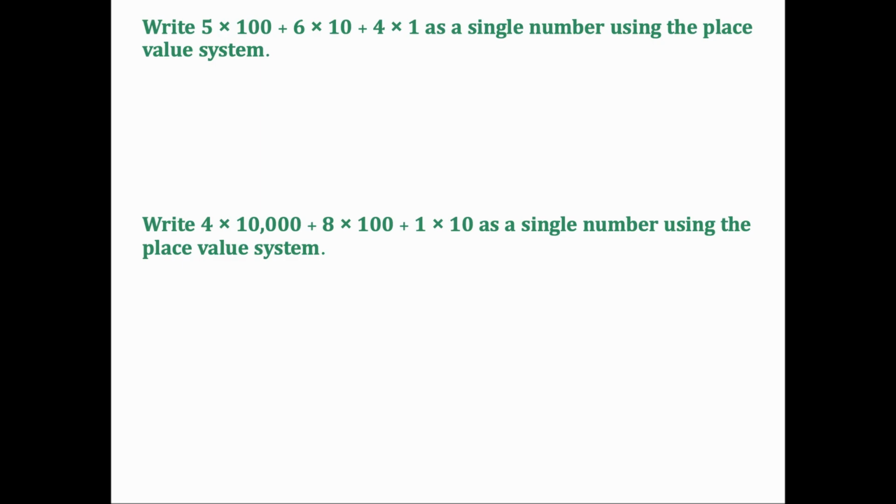Write this as a single number using the place value system. First, I'll convert it to the expanded notation. We get 500 plus 60 plus 4. And now we want to add these results.